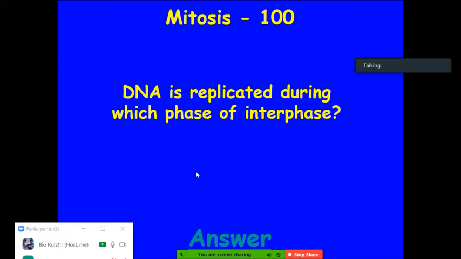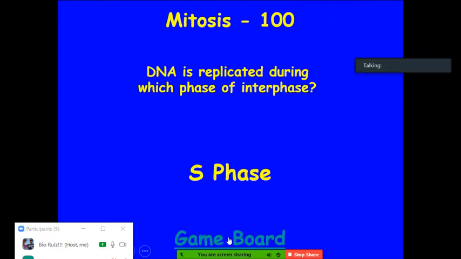All right, here we go. That is the S phase. Remember, in the Amoeba Sisters video, they said that it's called the S phase because of synthesis. Synthesis means to make things, and DNA is made during DNA replication during the S phase. However you want to remember it is totally up to you.